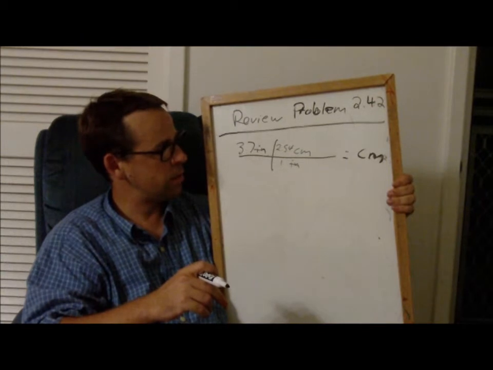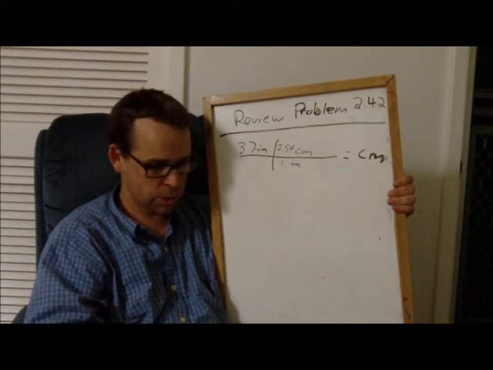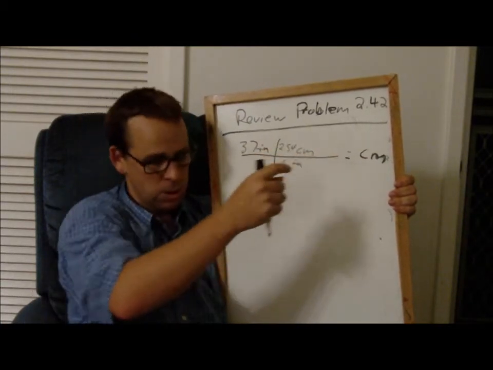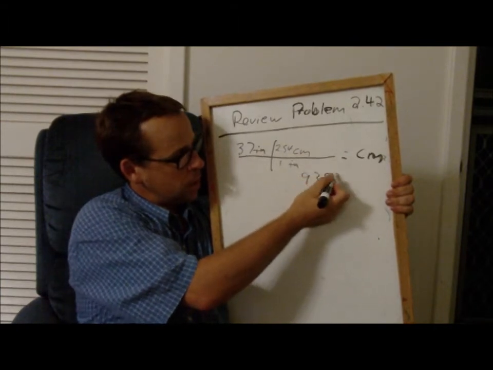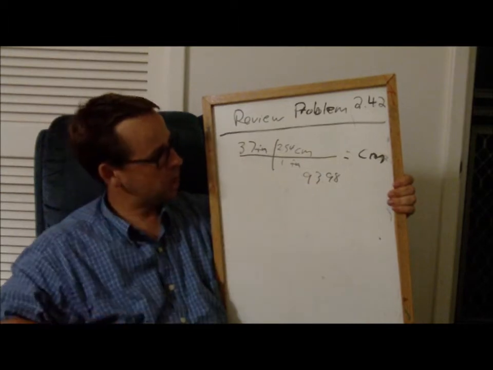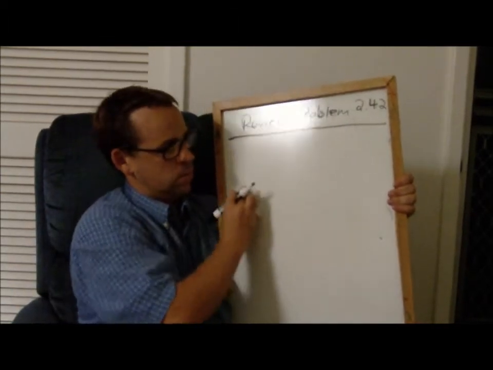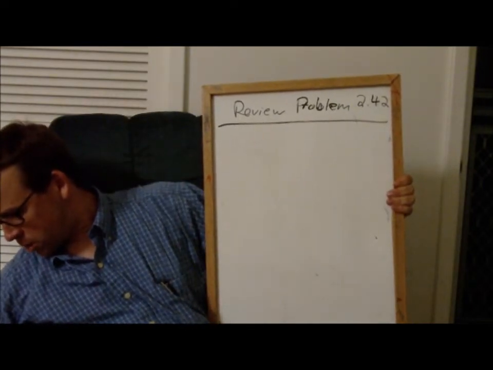So 37 inches is how many centimeters? Well, it's 37 times 2.54, and that's 93.98. We only have 2 significant digits, so it's going to be 94 centimeters probably. Okay, that is the first one.